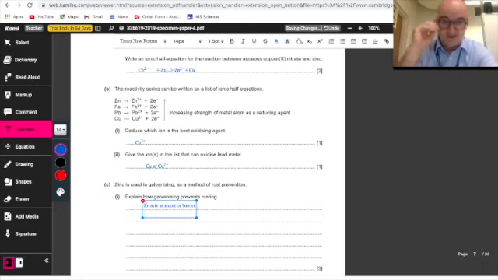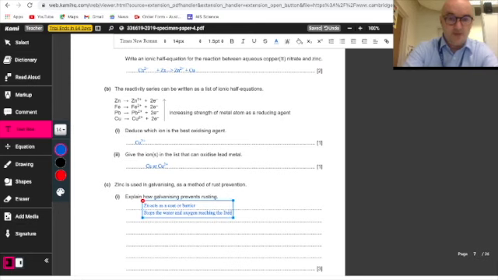The water can't see the iron behind the zinc. So this barrier stops the water and the oxygen reaching the iron, whichever metal is under the zinc.